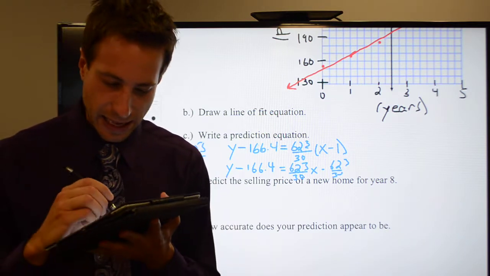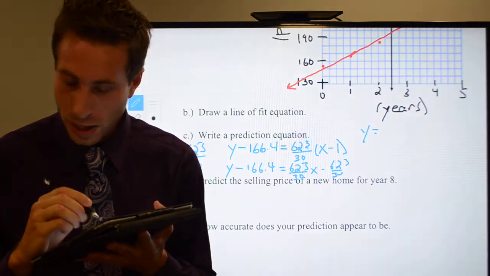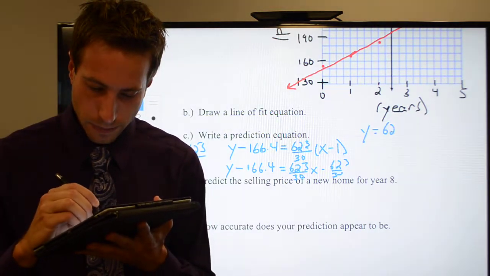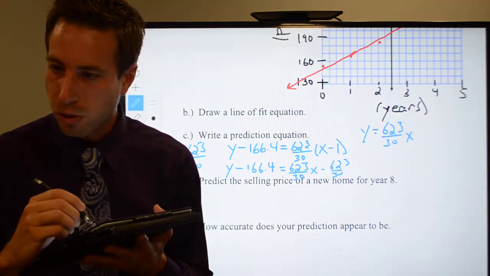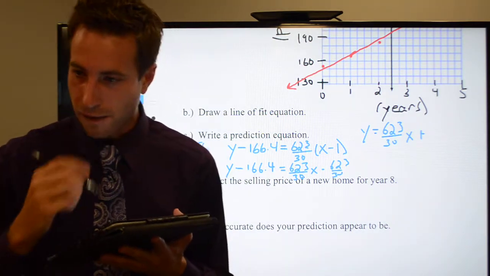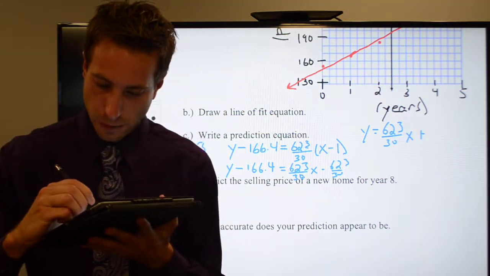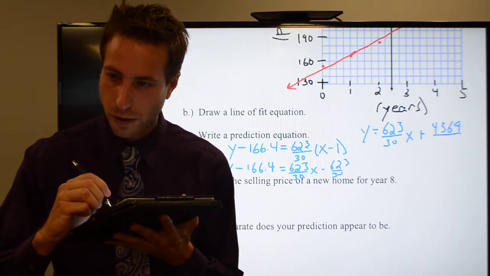And I get y equals 623 over 30x plus 4,369 over 30.